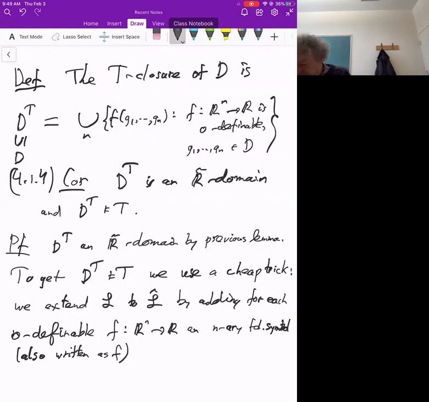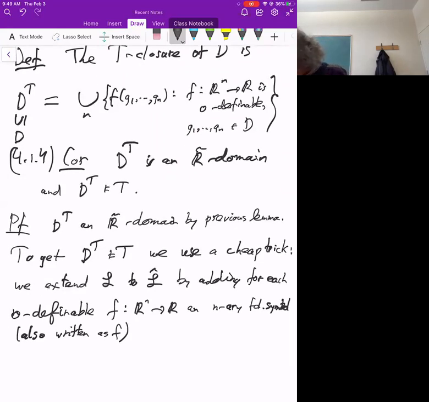So this is a bit of an abuse of language, but it's fairly harmless as long as you keep in mind the distinction between the function and the symbol.